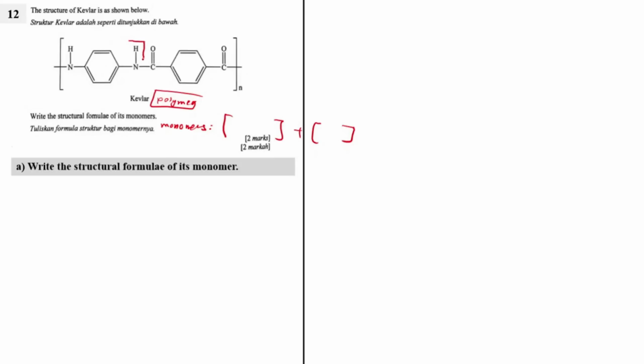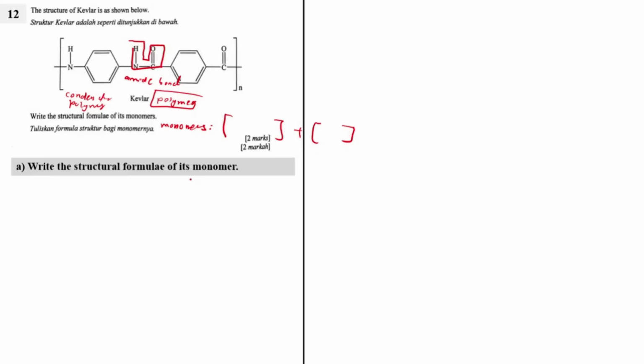As you can see here, we have the amide bond. The amide bond is from condensation polymerization, so it's gonna remove H with OH. You know that it's gonna eliminate something from the monomers.